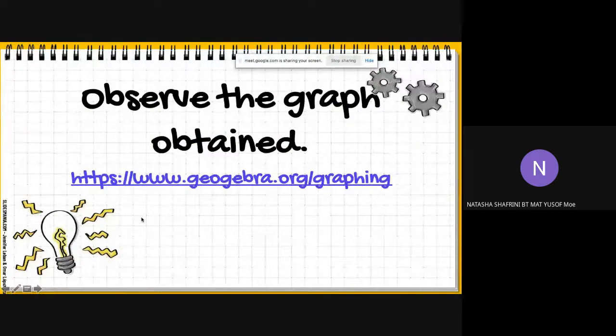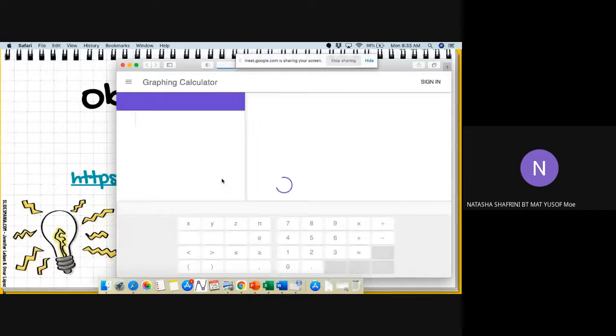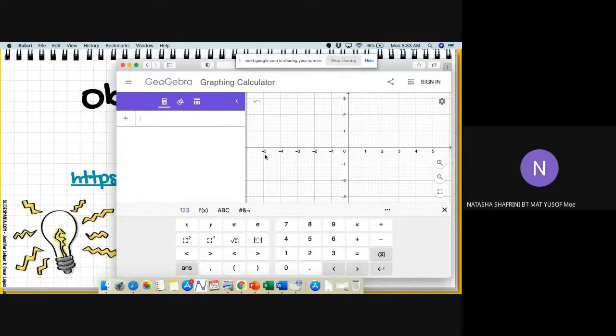Okay, ini satu software lah. Sebenarnya dia online. Tak payah install pun. Bila you klik, you akan terus dapat graphing calculator. Okay, GeoGebra.